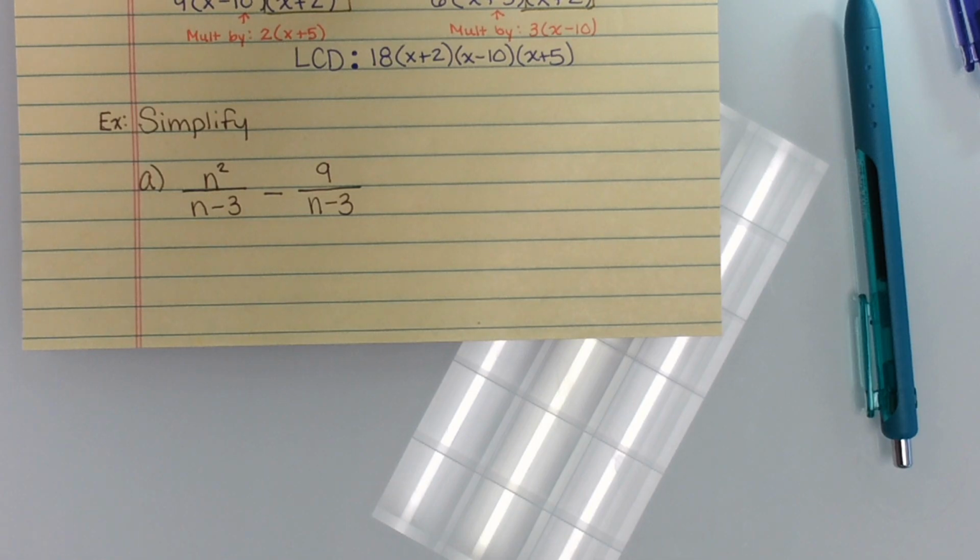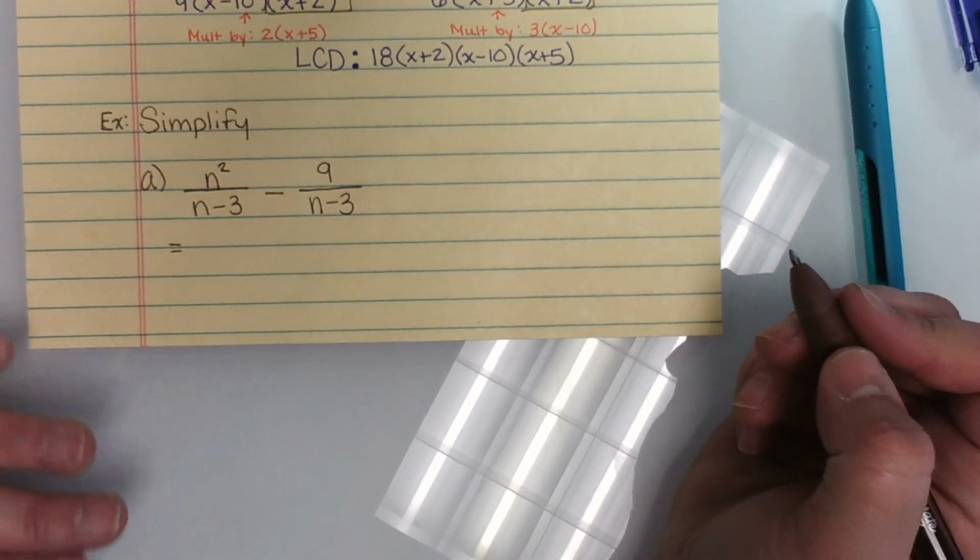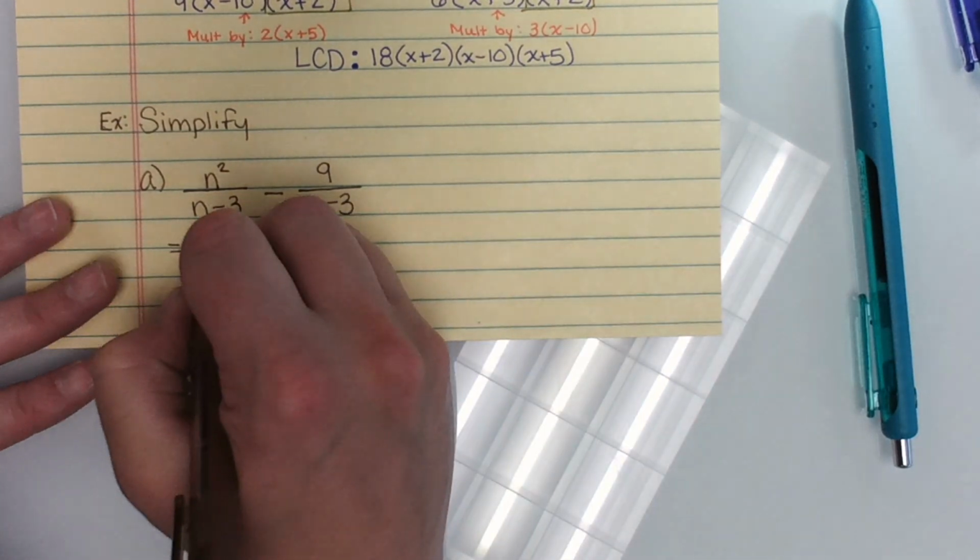N squared over n minus 3 minus 9 over n minus 3. When you are adding or subtracting, first thing you need, common denominator. That's kind of them. Once you have a common denominator, how do we subtract again? Straight across both top and bottom? Just the top.